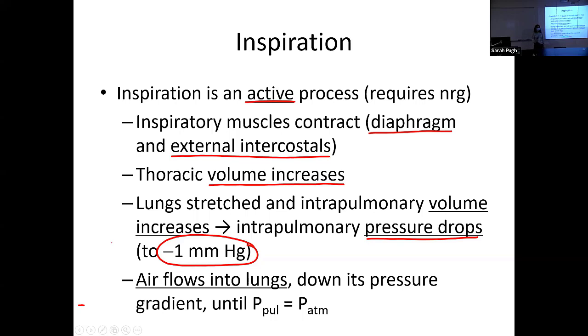And remember, air is going to go from a higher pressure to a lower pressure. So it would move from out in the atmosphere into your lungs where the pressure is lower, high to low pressure. Okay, so it's going to move down a pressure gradient until the pressure is equal, until what's in the lungs and what's in the atmosphere equals out.